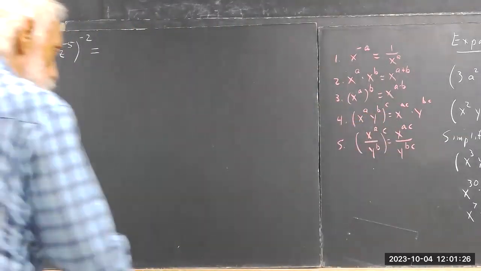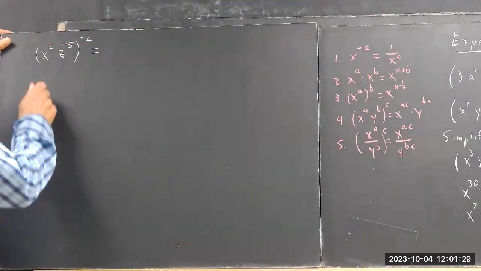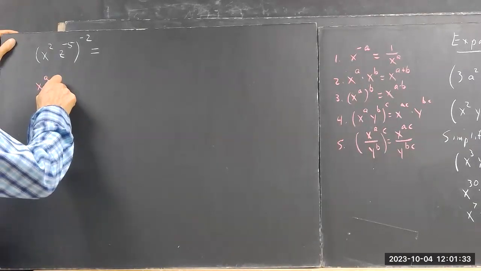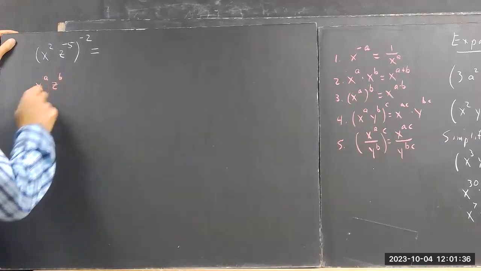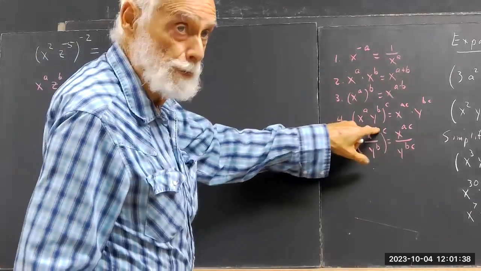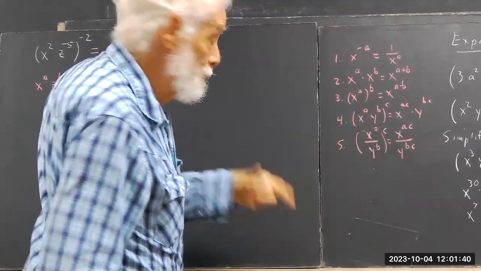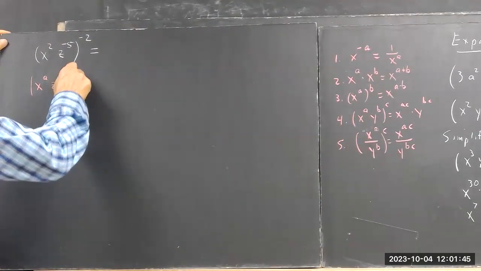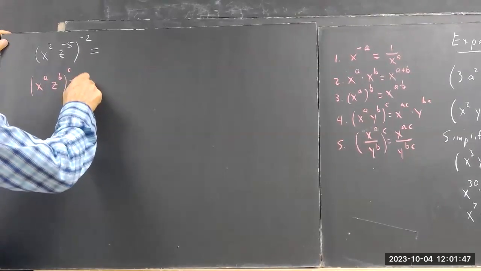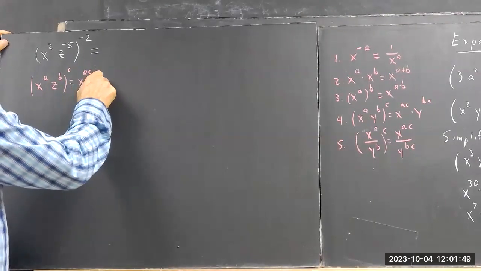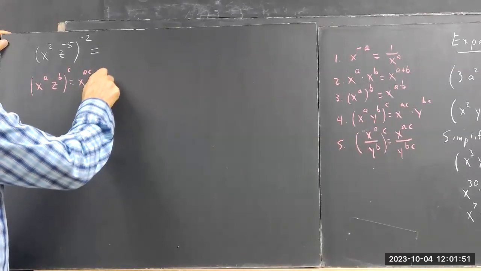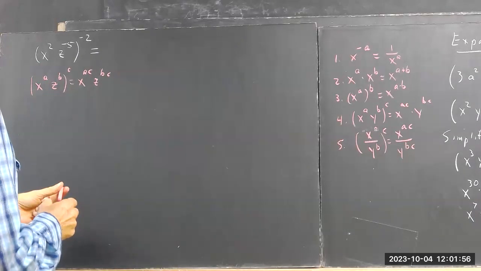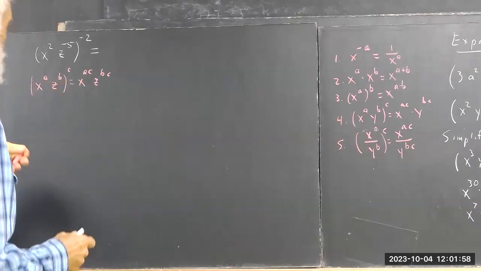And let's just write out the rule, using x and z instead of x and y, because it doesn't really matter what we call these, right? It's going to work for x and g just as well as it would for x and y. And this is raised to the c. This is x to the ac times z to the bc. Okay, and then we can identify the numbers a, b, and c.